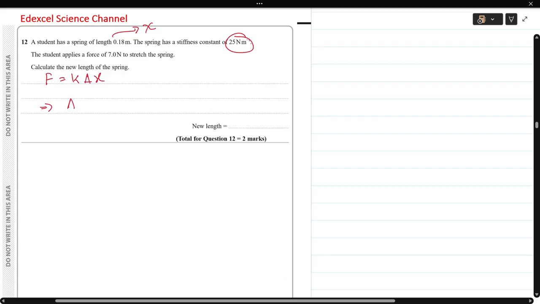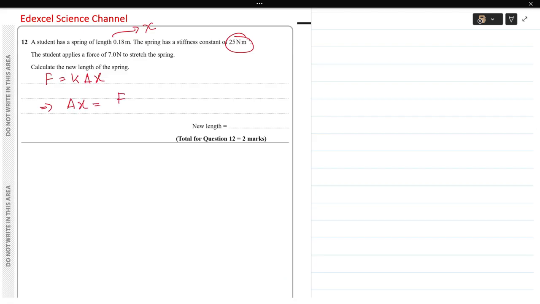So delta x is equal to F divided by K, 7 divided by 25, which would be 0.28 meters.